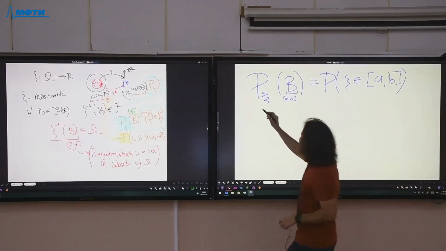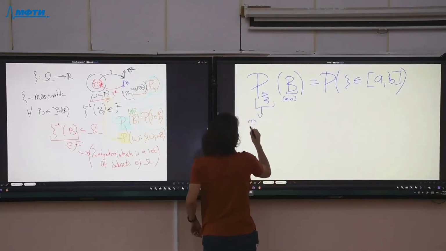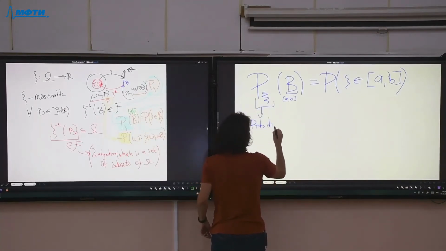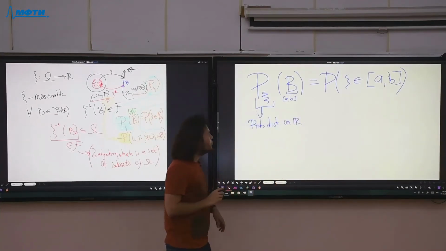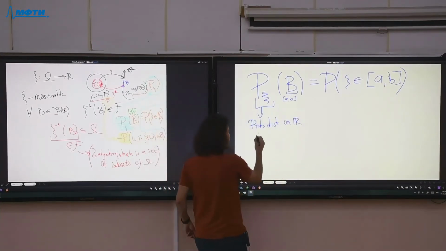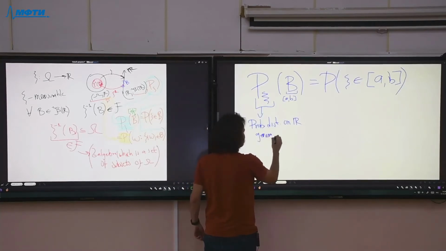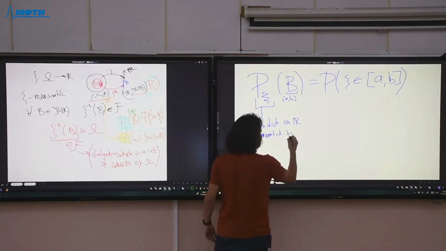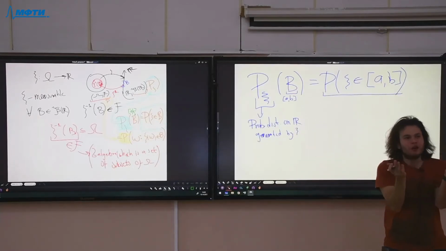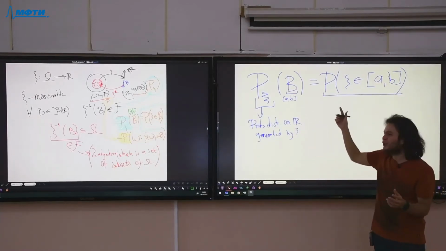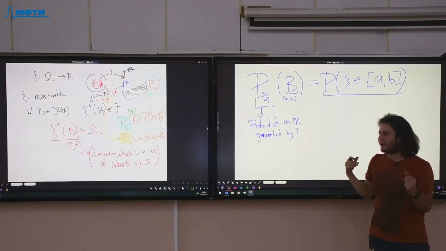This is the probability distribution on R, some probability distribution on R generated by psi, and this is the meaning in words.